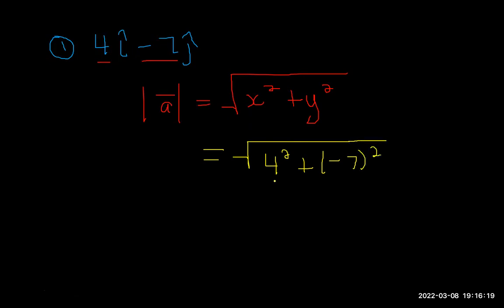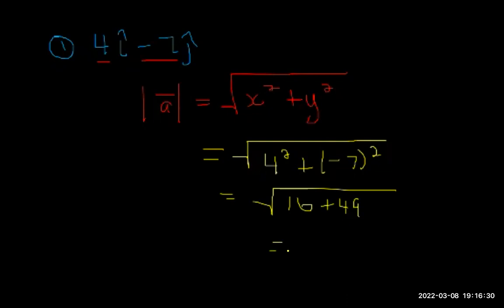I simplify from here. 4 squared is 16, and minus 7 squared is 49. 16 plus 49 is root 65. So root 65 units, that's the magnitude I'm working with.